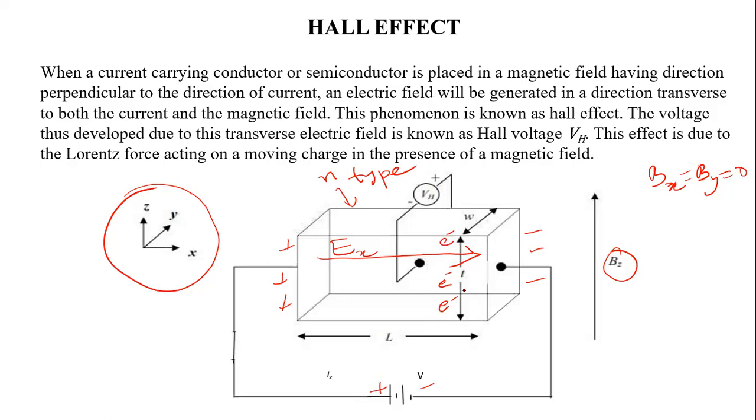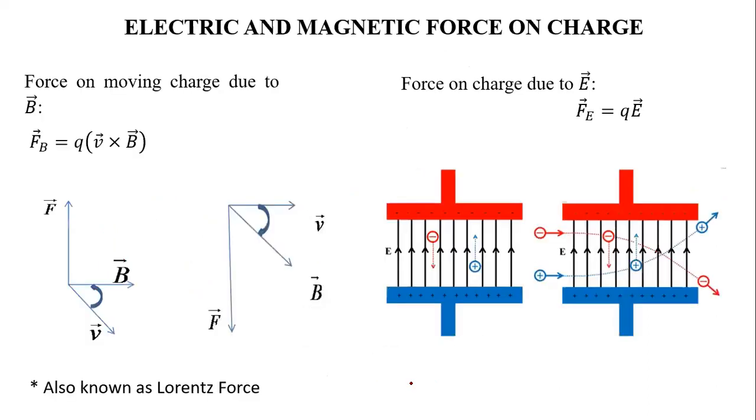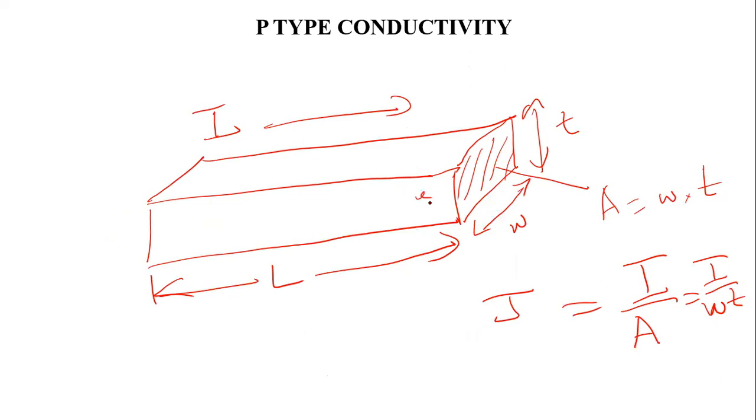Let me put it like this. Suppose you do not have any electric field within this semiconductor. This is an n-type semiconductor, so you have a large quantity of majority charge carriers, free electrons.